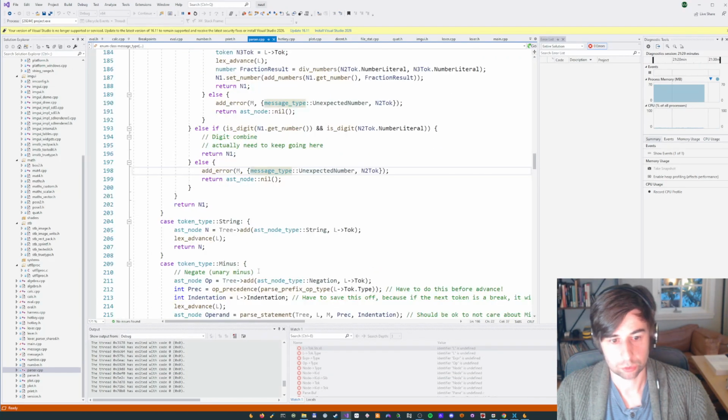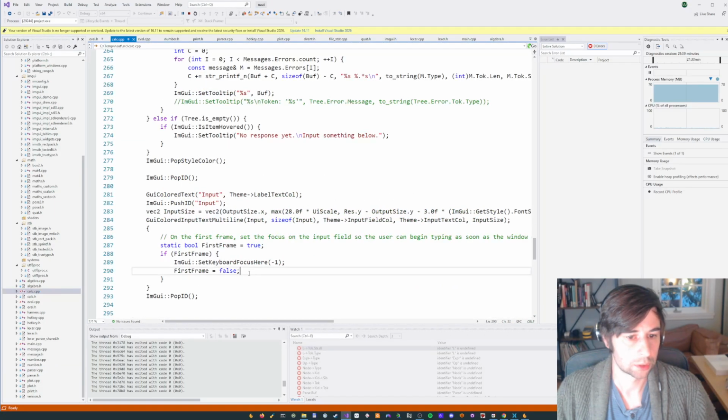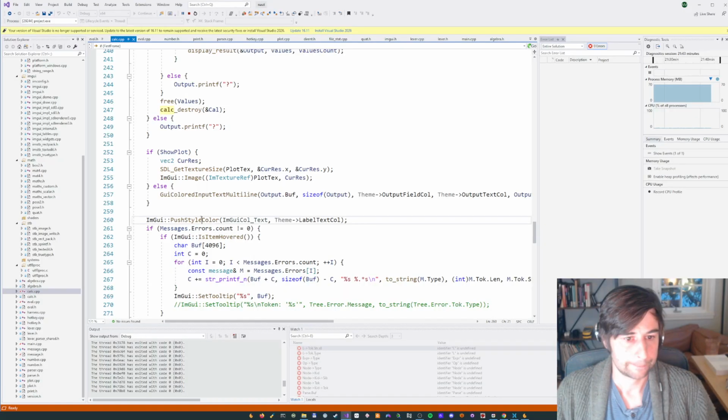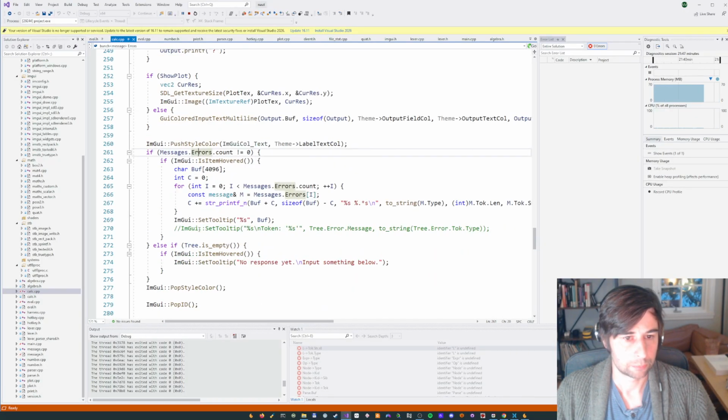And that is a tricky thing, because of the way the evaluator works. So let's look first at how it's printed. That's the plot.